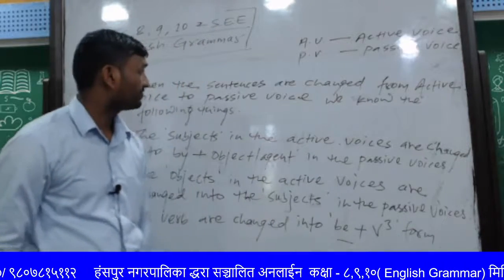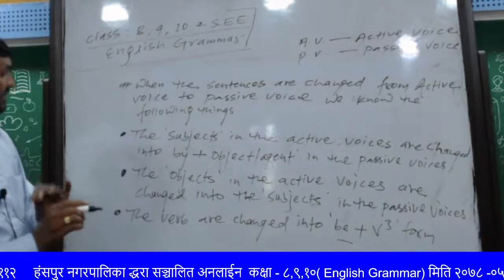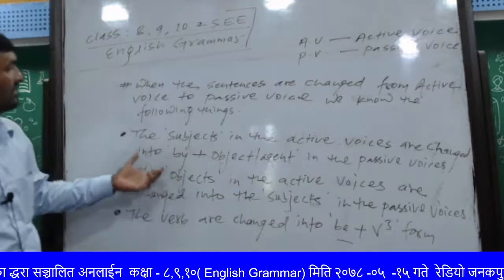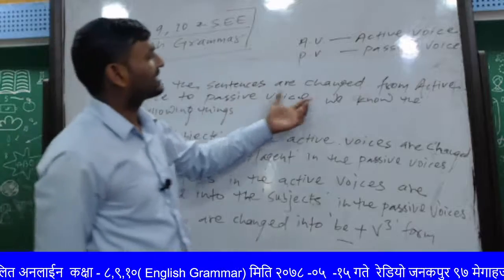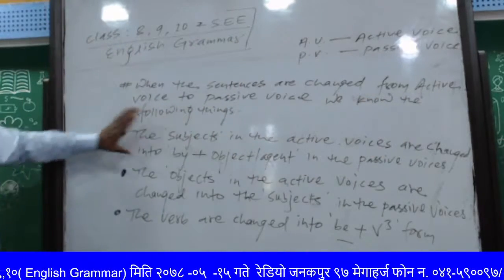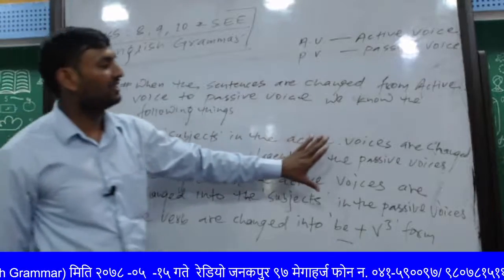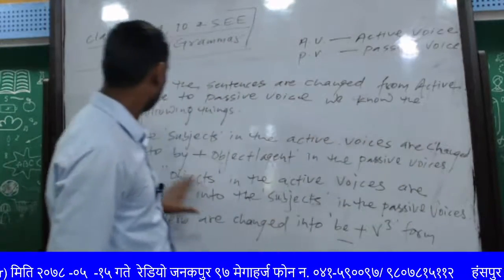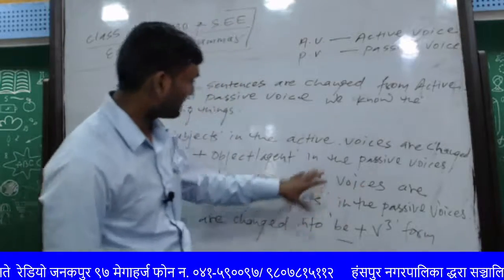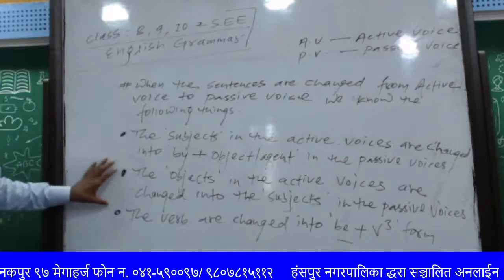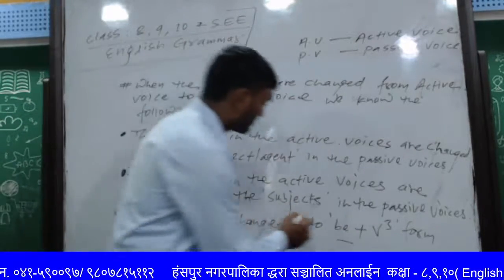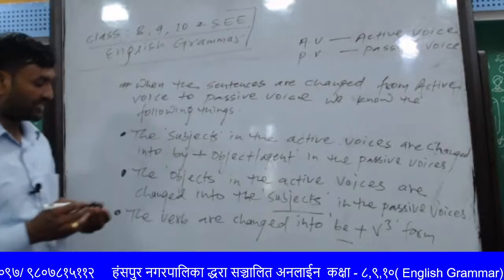So listen, students. These are the following things we know when sentences are changed from active voice into passive voice. First, the subject in the active voice is changed into by plus object in the passive voice, and the object in the active voice is changed into the subject in the passive voice.